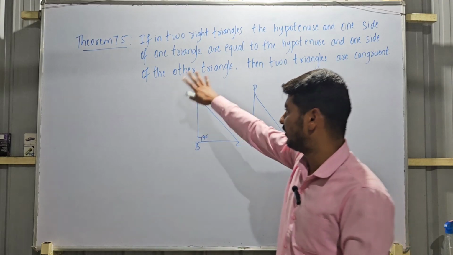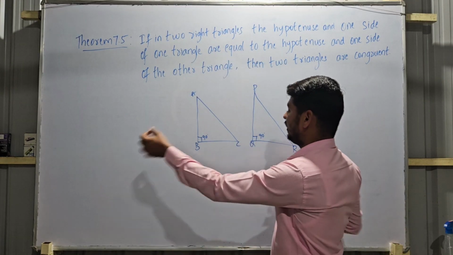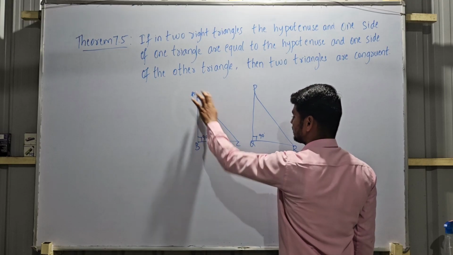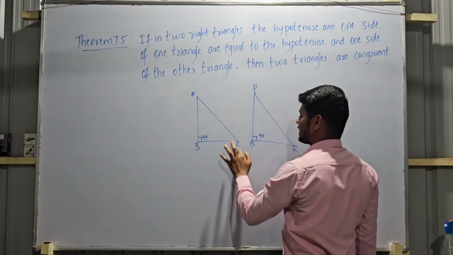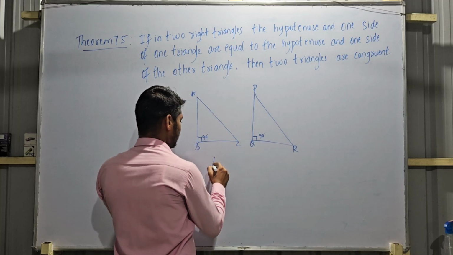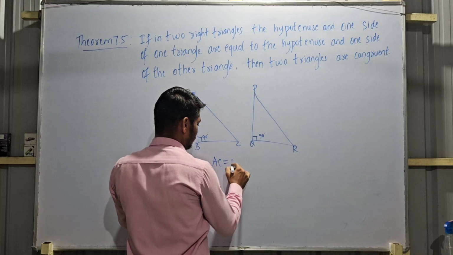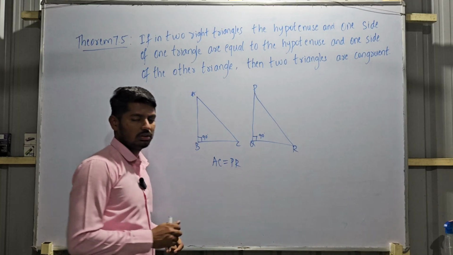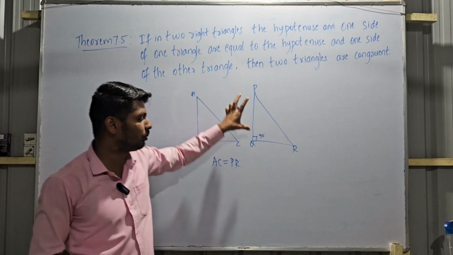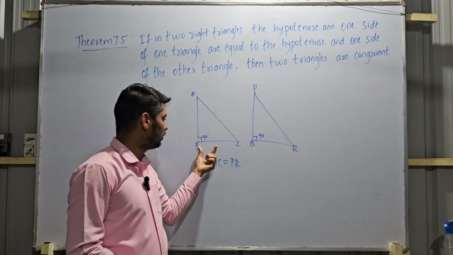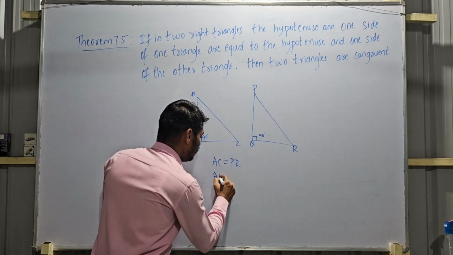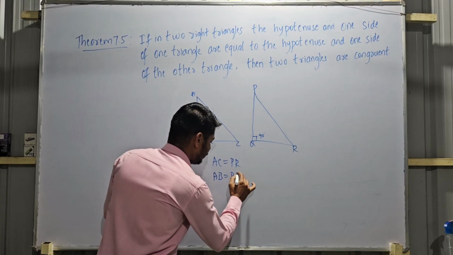So the criteria states that if in two right angle triangles the hypotenuse, that is AC, must be equal to PR, and any one side, maybe AB equal to PQ, or else QR equal to BC, any one of the sides. We will take AB equal to PQ.